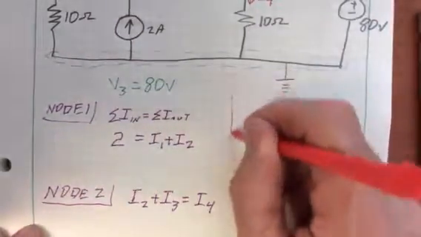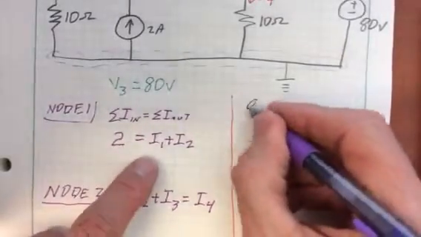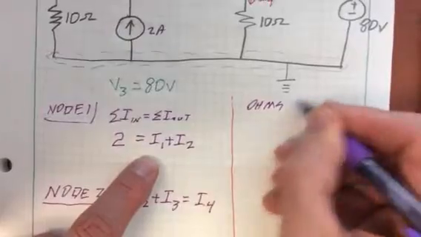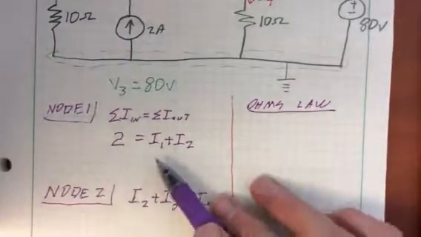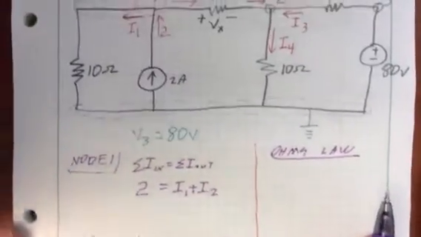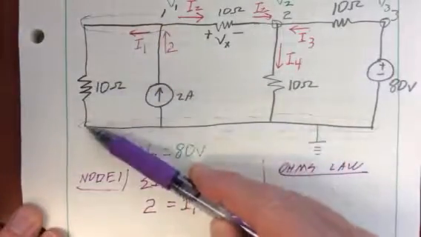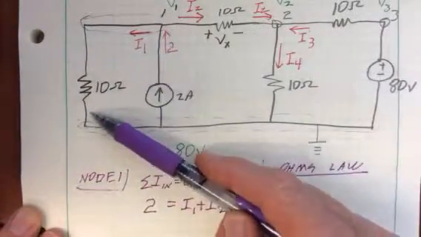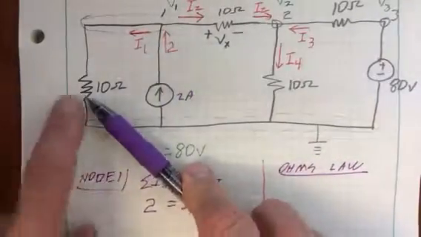Now we want to use Ohm's law to write a formula for current 1, current 2, current 3, and current 4. If I look at my circuit here, current is voltage over resistance. Current 1 goes through this 10 ohm resistor.